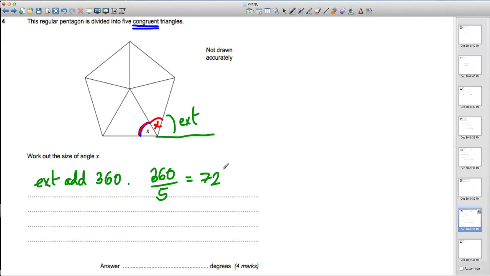So this is equal to 72 degrees. Therefore the interior must be 180 subtract 72, which is equal to 108. So 2 lots of x are 108, 2 of these interiors are 108, so 1x must be half that, which is 54 degrees.